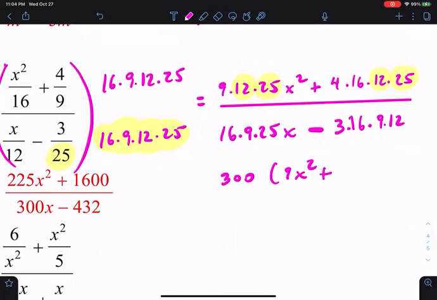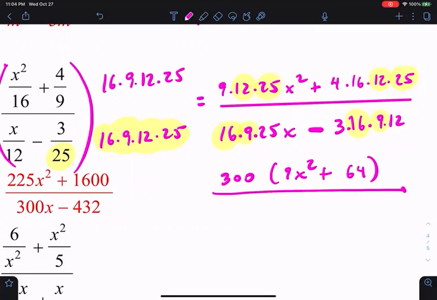Let's see something here. Yeah, so this is supposed to be 64, right? Okay, let's see what happens after that. Okay, and then here in the denominator, we can simplify this, right?